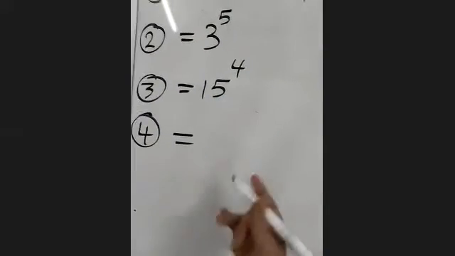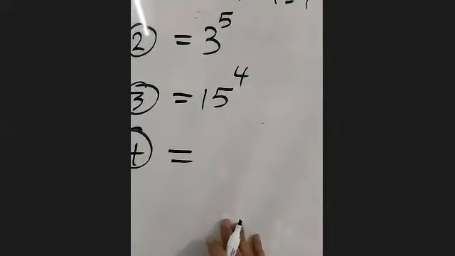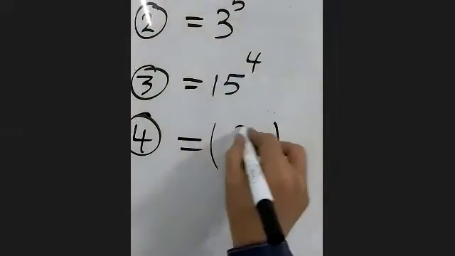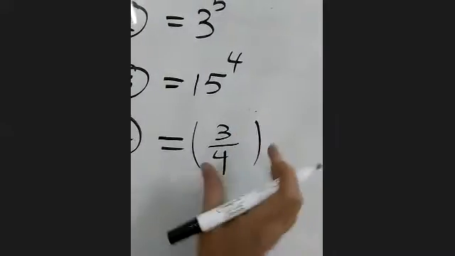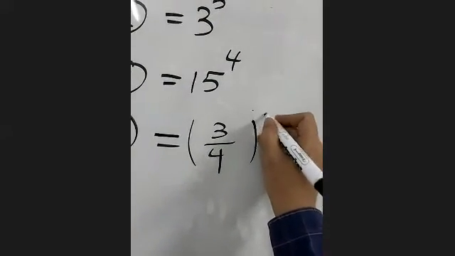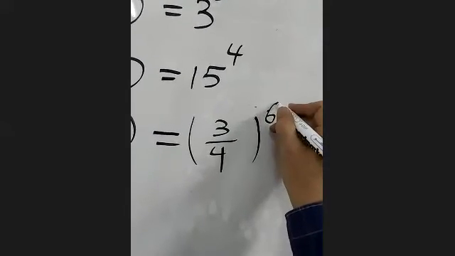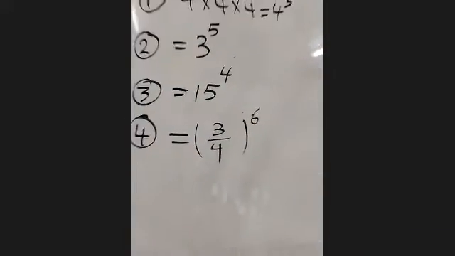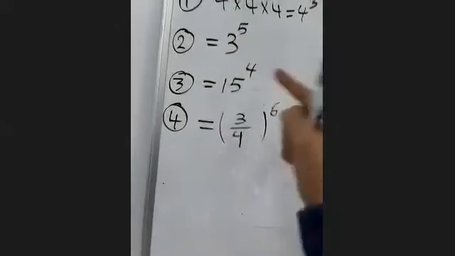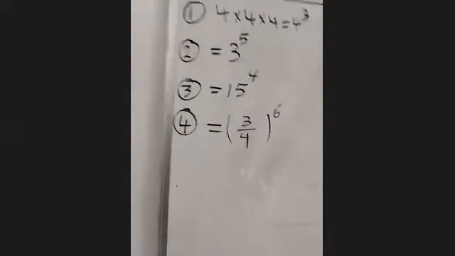Tell me what I will do. Yes, Mister. Put a bracket and inside the bracket put 3 over 4 inside it. And after the brackets, don't forget to the power of 6. Thank you. 3 over 4 in brackets, guys. It's important. To the power of 6. Excellent. Question 5.